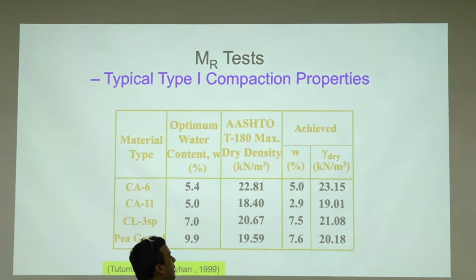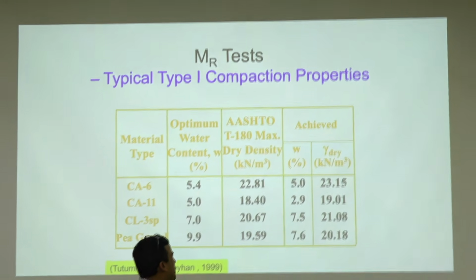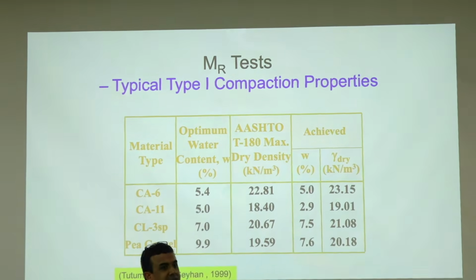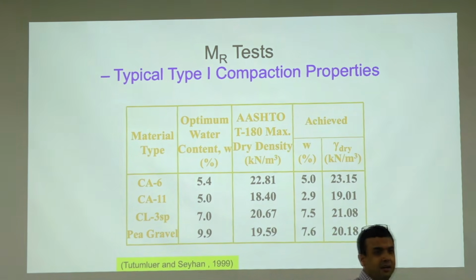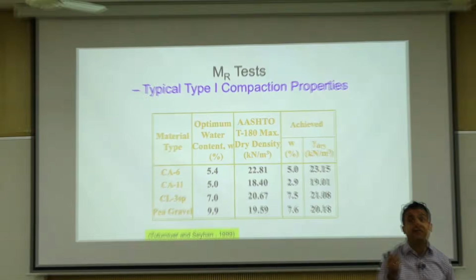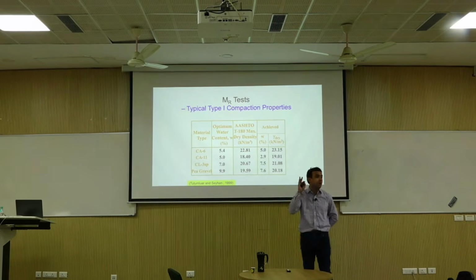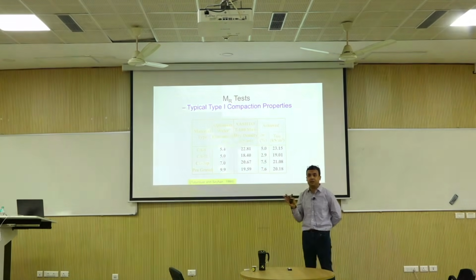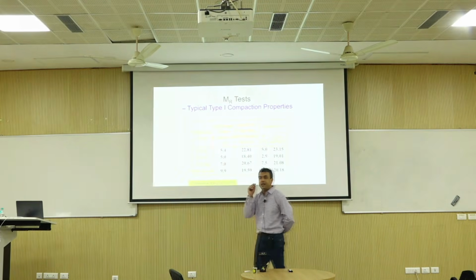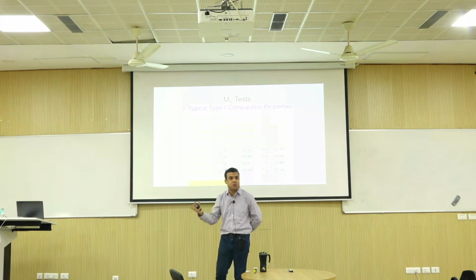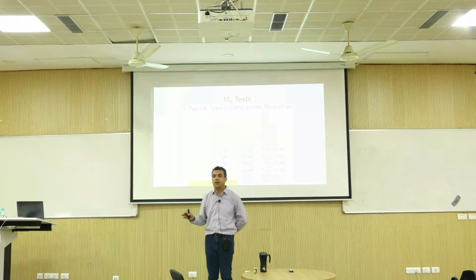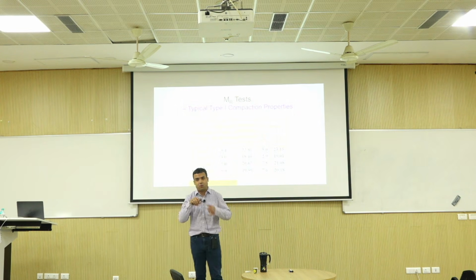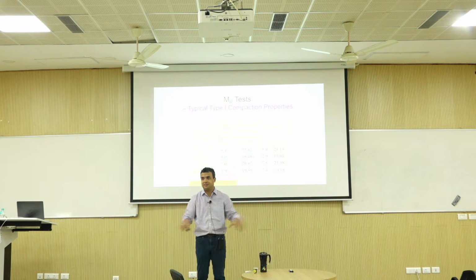When you're doing a modulus test, don't just report this, always report the achieved values, because that is what the sample actually knows, right? For those working with aggregates especially, there is a very big difference between added water and actual water retained in the sample. Never report just added water, because water drains.